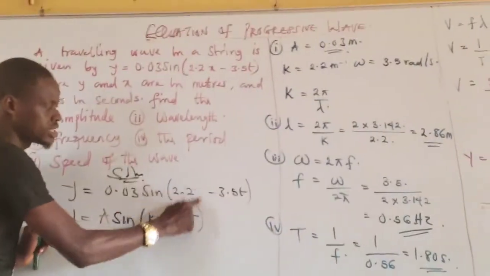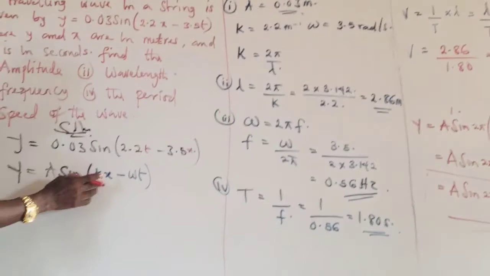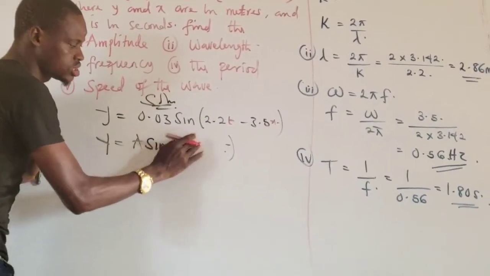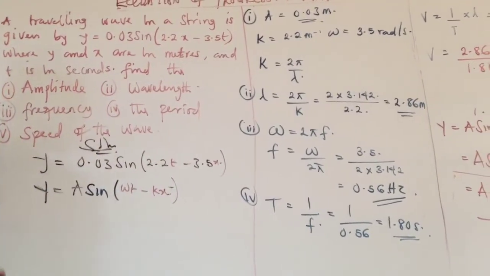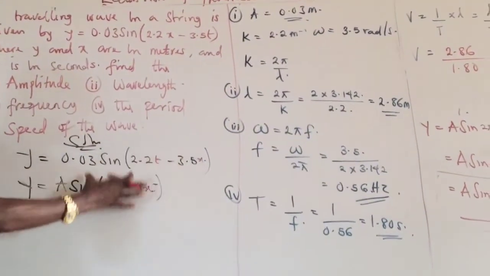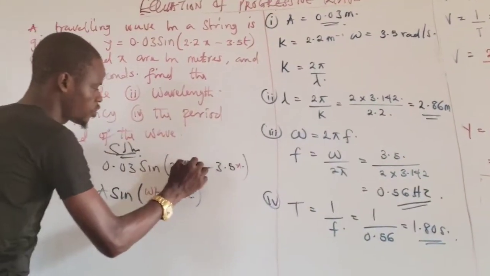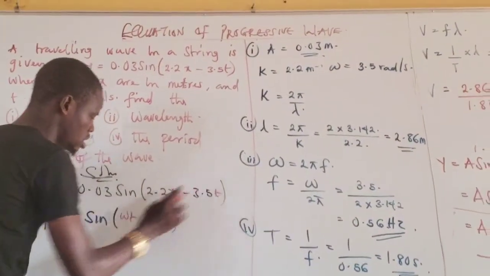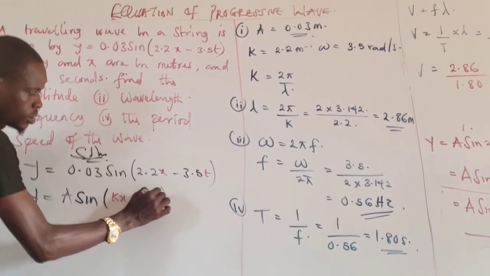If I know what is here is t and what is here is x, I will just rewrite this equation by changing this to be equal to omega t minus kx altogether. So you can rewrite it so that you can relate the equation together with this. But here it is different. I have x, I have t, and here we are using kx minus omega t.